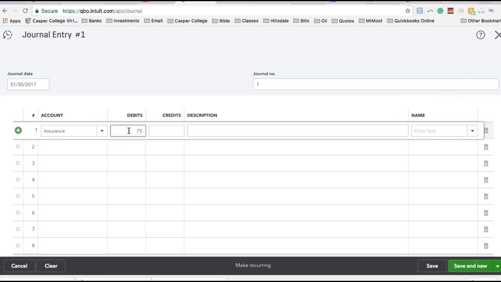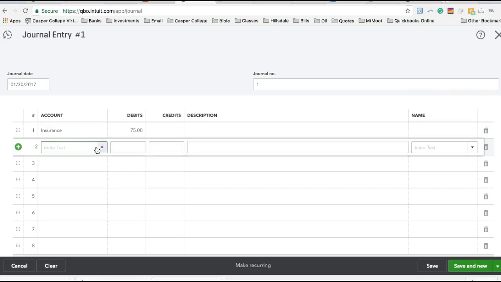We're going to increase the insurance expense account by $75. Okay, no money is coming in or out of the business. We're just making an adjustment within the business. So no check is written. It's just a journal entry. So we debit our insurance expense by $75. Now, with every transaction, debits must equal credits, as most of you know, but if you don't, then I'll just reinforce that. Where is that coming from, basically?